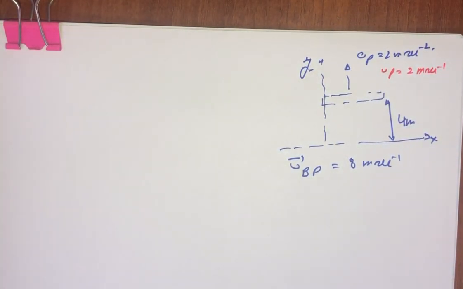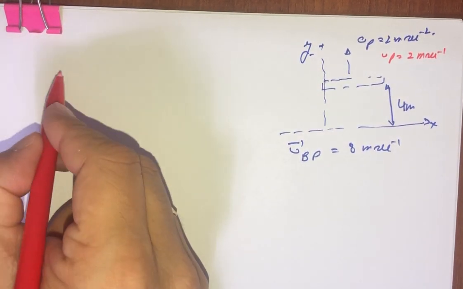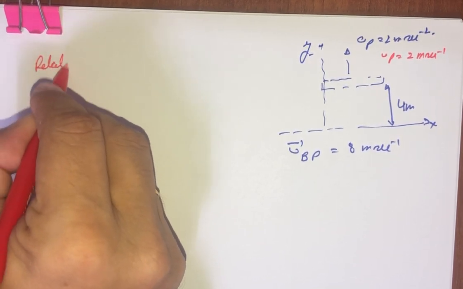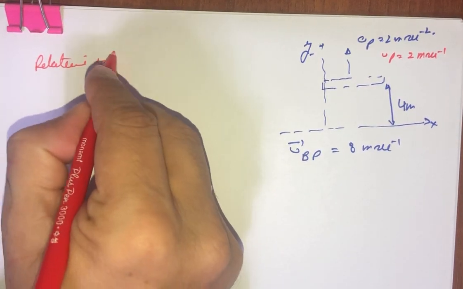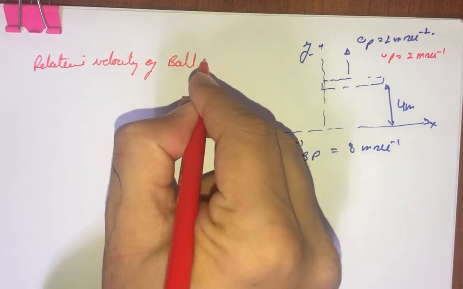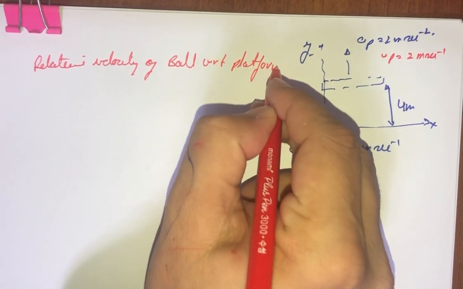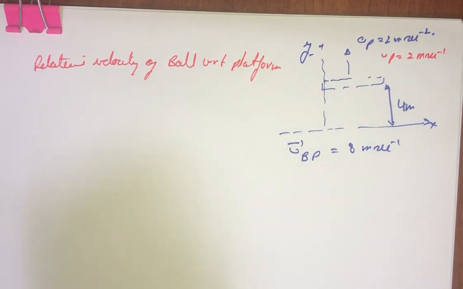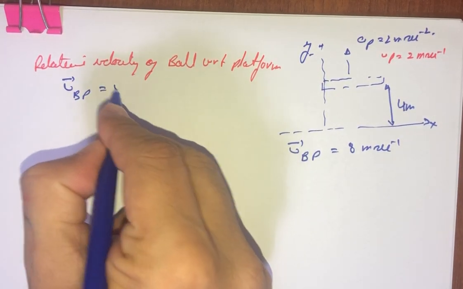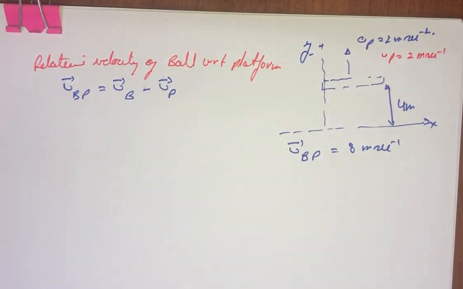So first of all we find out, using the formula for relative velocity of ball with respect to platform, Vbp will be equal to velocity of ball with respect to ground minus velocity of platform with respect to ground.